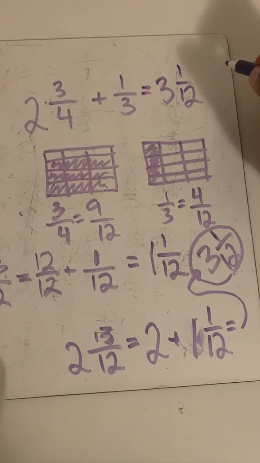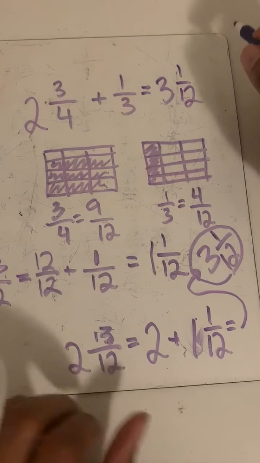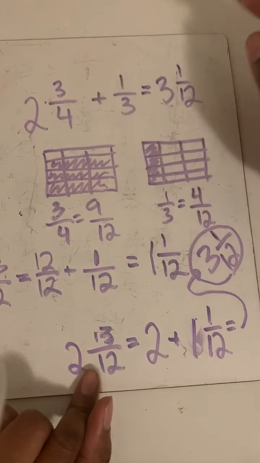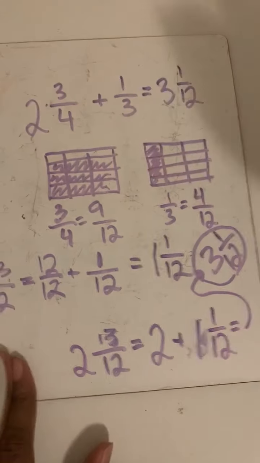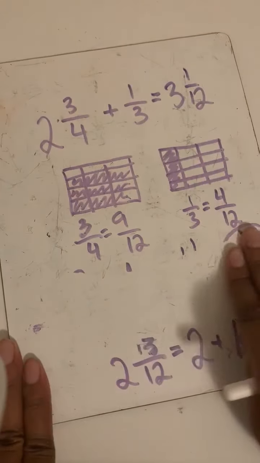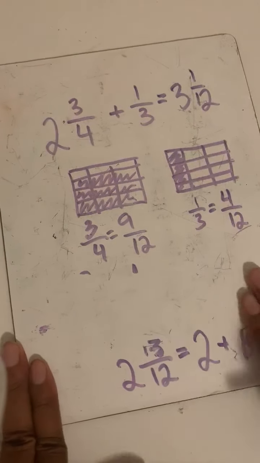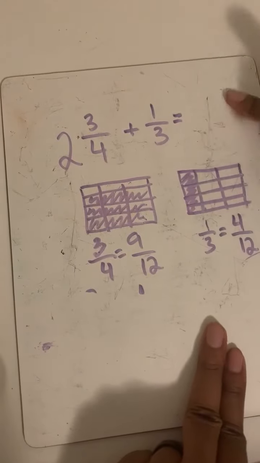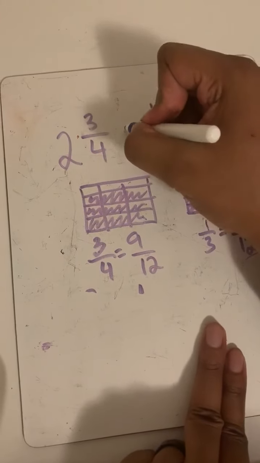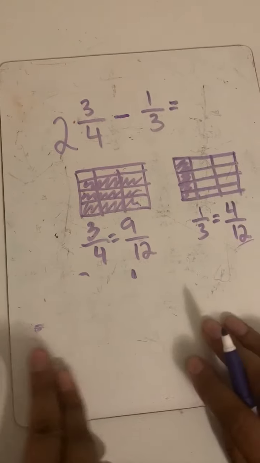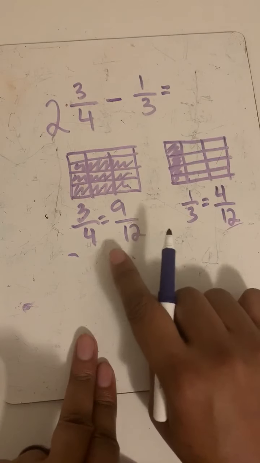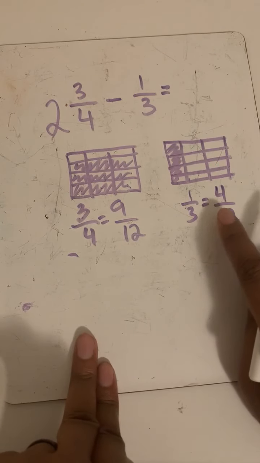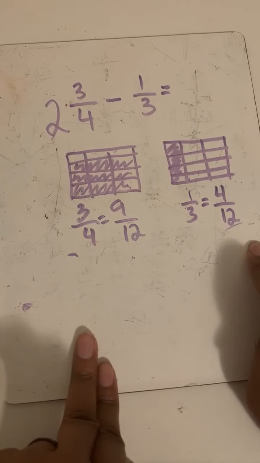Now, if we were to subtract, say you have the same thing, let's just erase some things over here. For the sake of time, let's say this was subtraction. Same kind of thinking. I have 3/4, which is equivalent to 9/12, and 1/3, which is equivalent to 4/12.